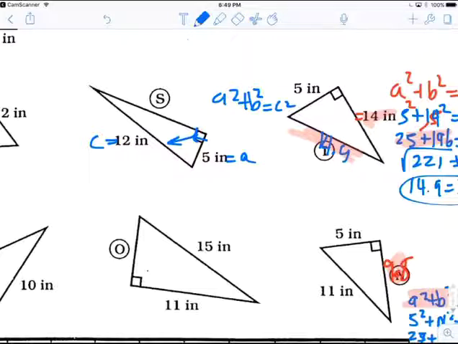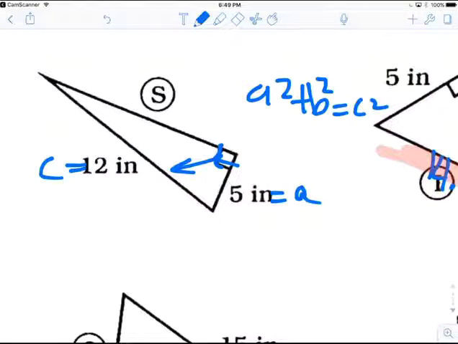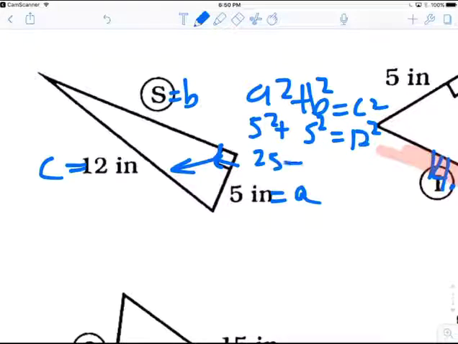So you do A squared, which is 5 squared, plus B, we don't know, B is S. It's S squared equals 12 squared. Okay? So you got 25 plus S squared equals 144. Subtract 25, subtract 25.